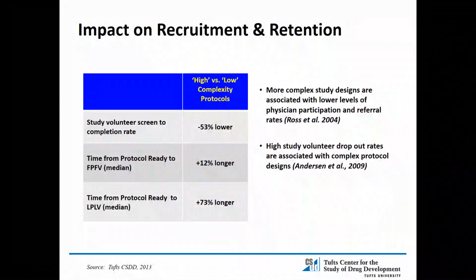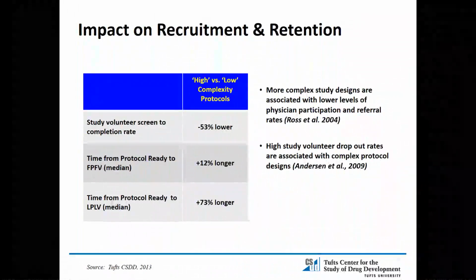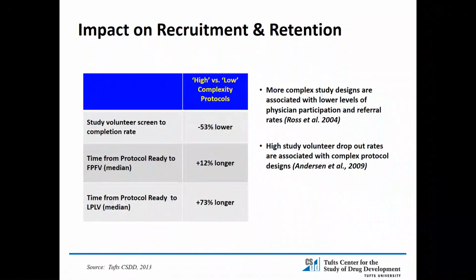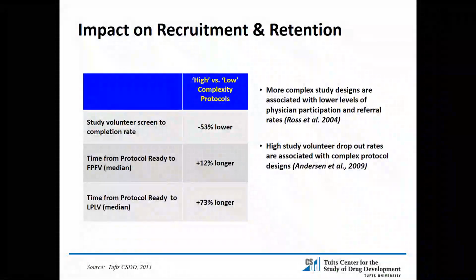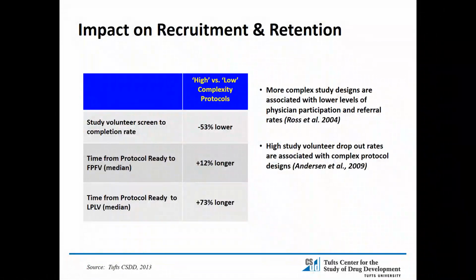There are many other studies published in the literature that touch on this very strong correlation. More complex designs, for example, are associated with lower levels of physician referral and physician participation rates. A study by Anderson conducted in 2009 found that volunteer dropout rates were associated with complex protocol designs.